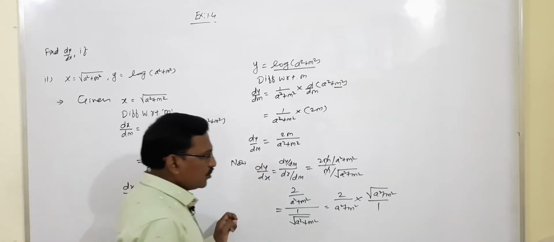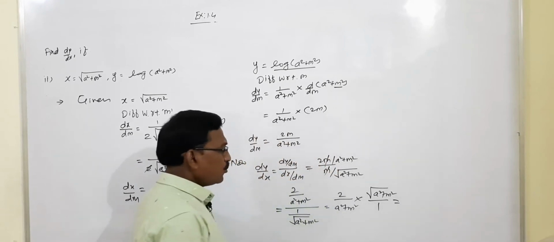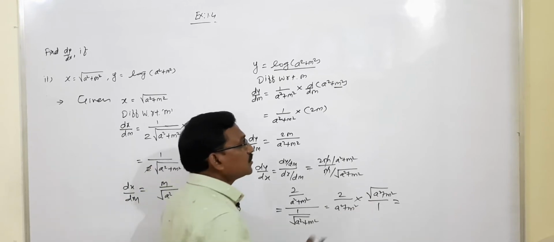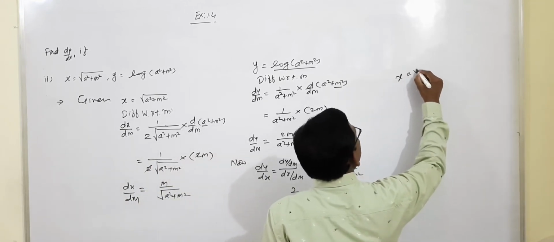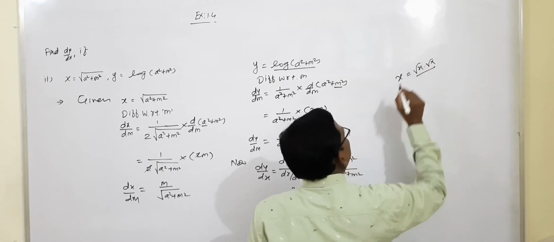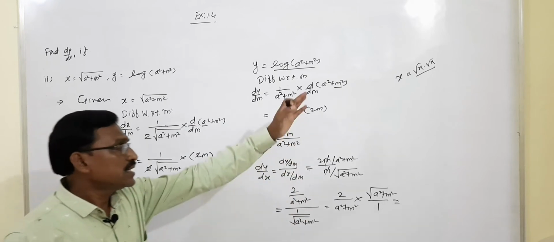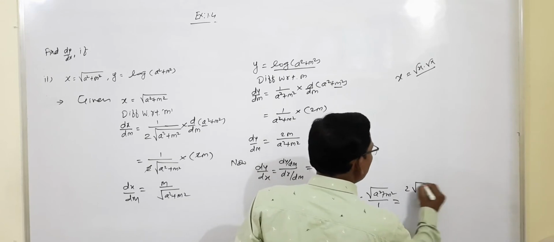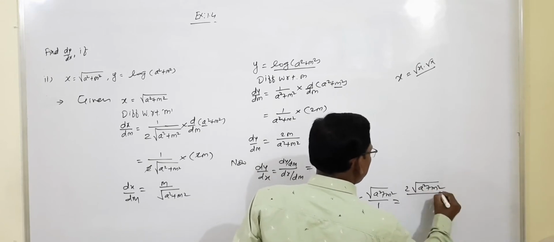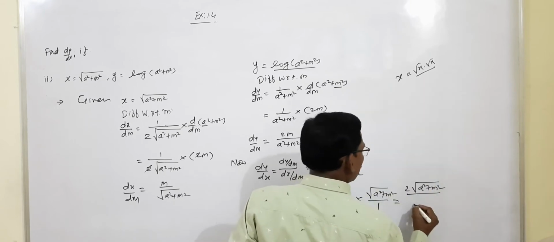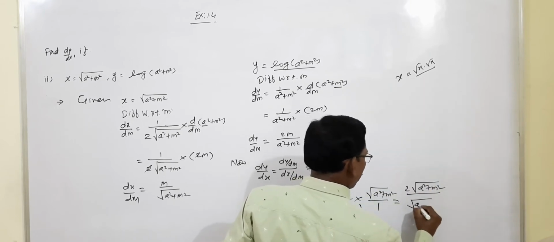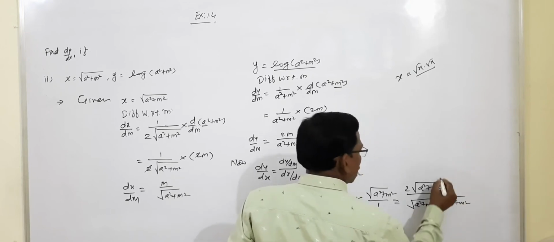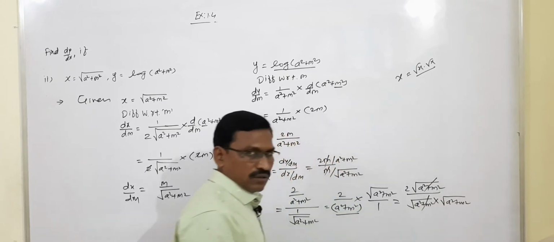Now we write this a square plus m square as root of a square plus m square into root of a square plus m square, like we write x as root x into root x. In this way we write this a square plus m square term, and this root of a square plus m square will get cancelled.